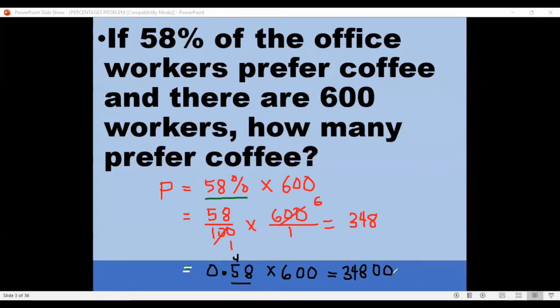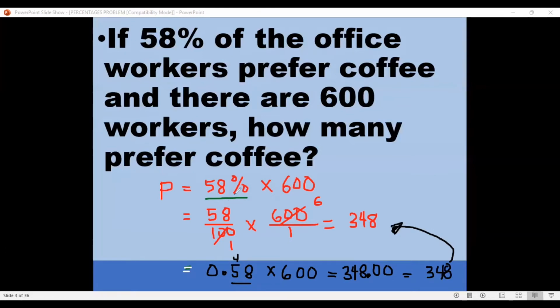So there you have it. Therefore, we need to put that, making now your answer equal to 348.00, or simply the answer that we will be getting there is also equivalent to 348, which is still similar to the one that we got a while ago when you use the fractional equivalent.